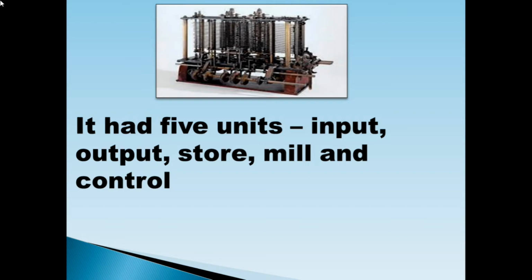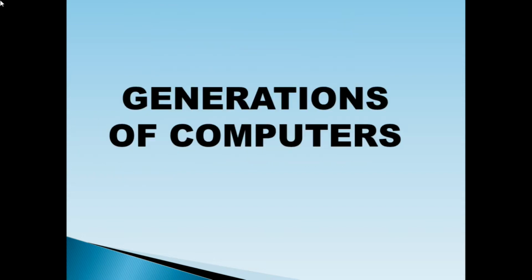It resembles the modern day computer. Like a modern day computer, the analytical engine also has 5 separate units. Next is generations of computers. Today we are going to discuss generations of computers.